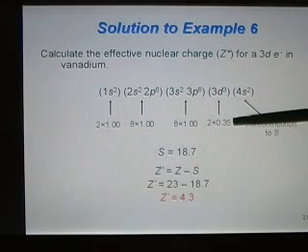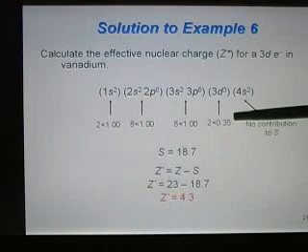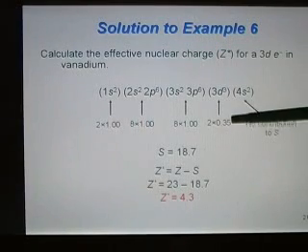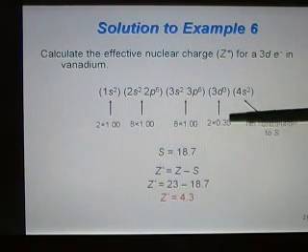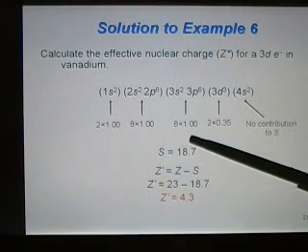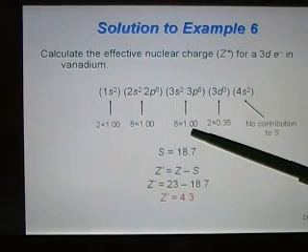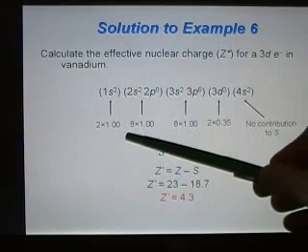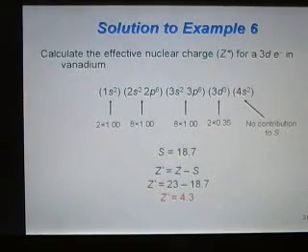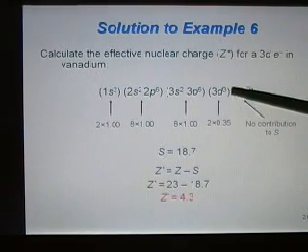So each of the d electrons that are not of interest to us contributes 0.35 to the shielding. For the 3s2 and 3p6, the 2s2 and 2p6 and 1s2, all those electrons contribute 1 to the shielding according to Rule 4, because we're looking at a 3d electron.